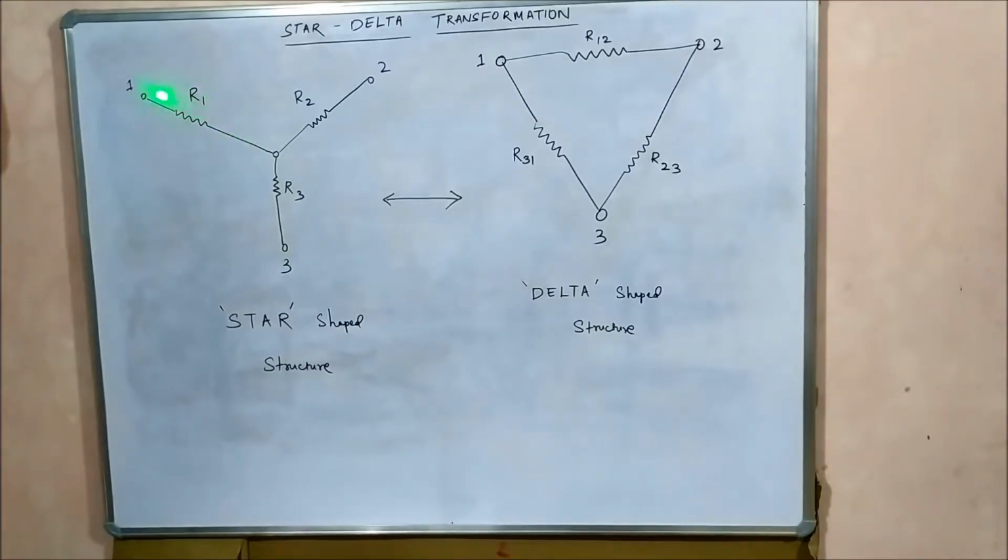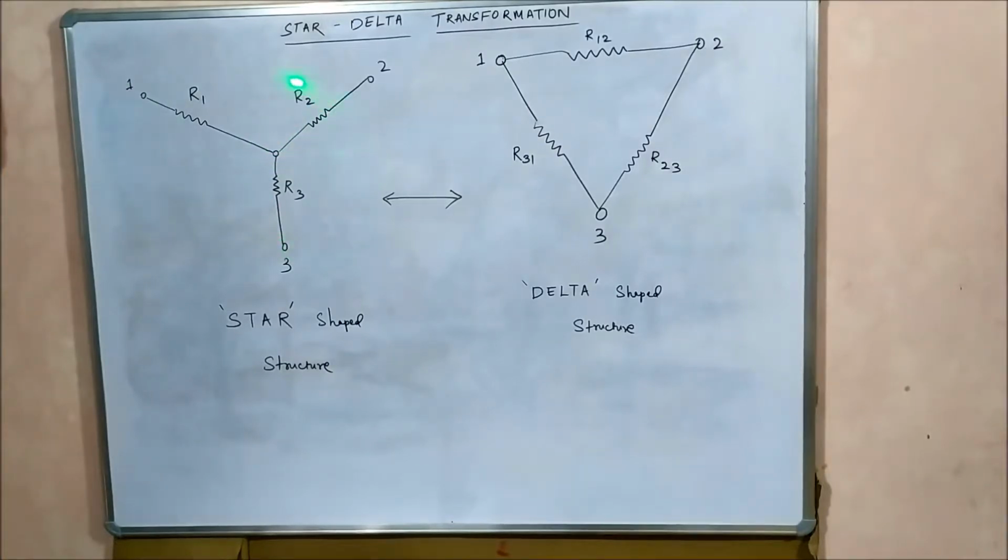Resistor R1 has one of its ends connected to point 1, resistor R2 has one of its ends connected to point 2, and resistor R3 has one of its ends connected to point 3, and the other ends of the resistors are connected at one common point. So this is the star shaped structure.